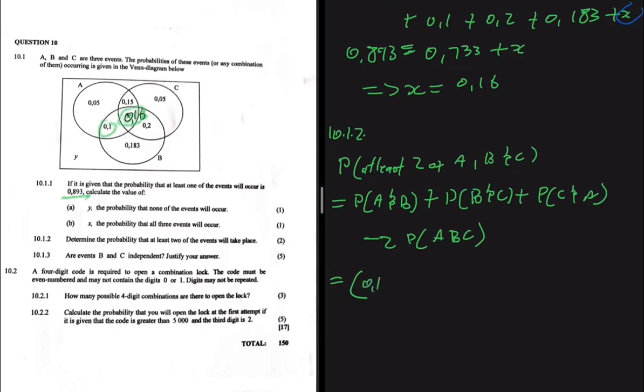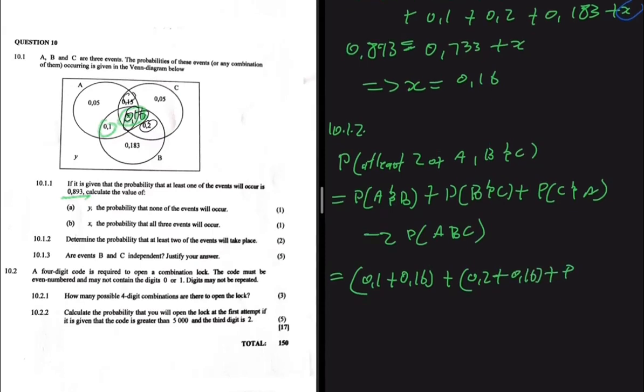Plus the probability of B and C, which will be 0.2 plus 0.16, plus the probability of C and A, so that's 0.15 plus 0.16, and then minus 2 times the probability of ABC, so minus 2 times 0.16.